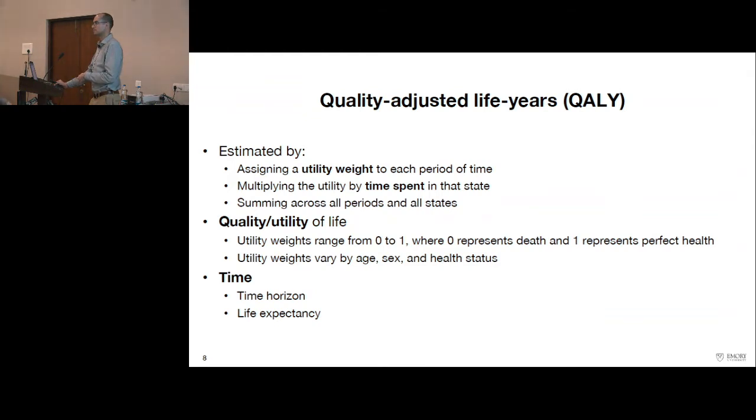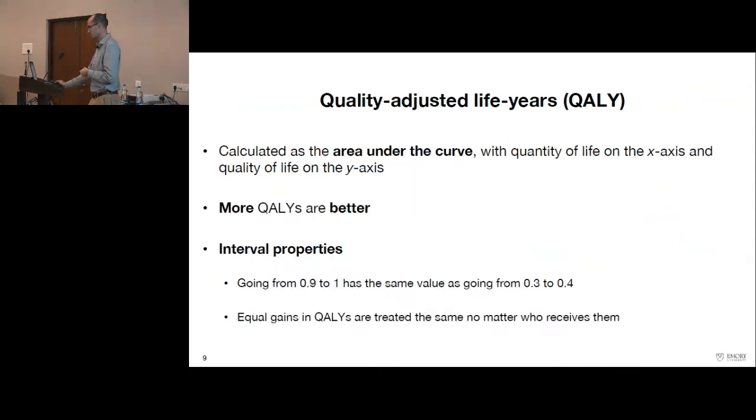So it's really difficult to think about all of the variation in how each of us values certain health states. So I already mentioned the area under the curve. Just to make sure, more QALYs are better. That means either longer life or the same amount of life but better quality.